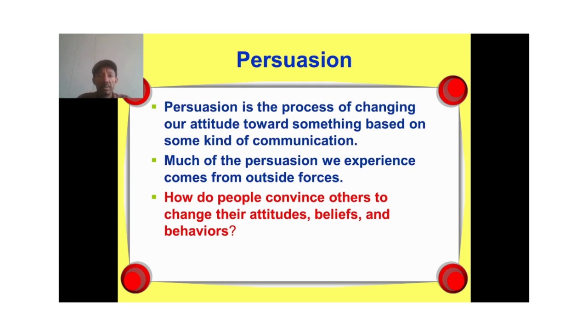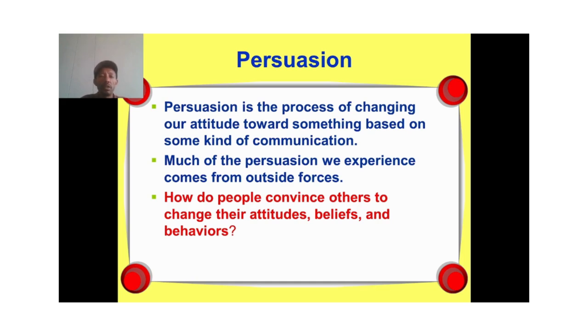So, persuasion is the process of changing, modifying our attitude towards the object of attitude. The object of attitude can be the person, as we have discussed, the person, institution, the government, the country.